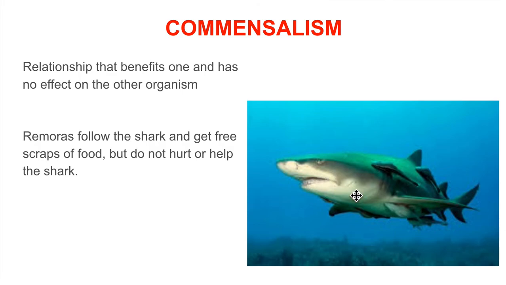Now, some other types of fish might be mutual. That might clean out the gills or clean out the teeth or something like that. So that would be like a mutual relationship if it's helping the shark. But in this case, they're just hanging around to eat scraps. So it's helping them, the remoras are getting food, but it's not really hurting or helping that shark at all.